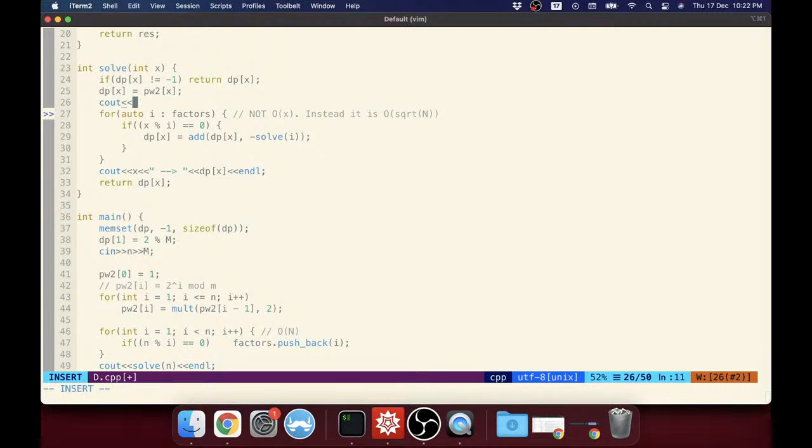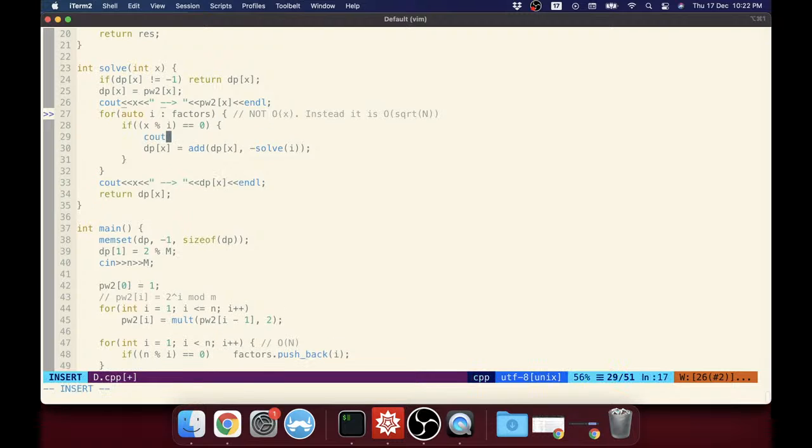Let's do here. Print out x, power 2x, x, i, dp[i]. Yeah, I'm just printing out everything.